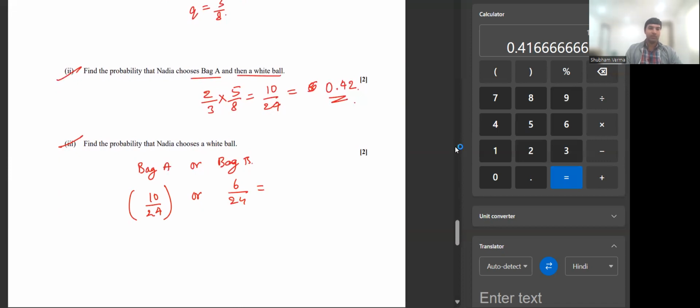So add 10 plus 6 divided by 24, which is 16 by 24. 4 4s are 16, 4 6s are 24, so you get 2 by 3. That is your answer.